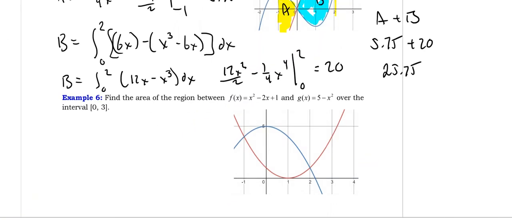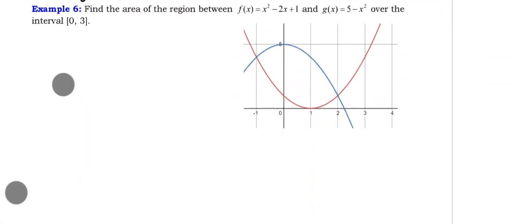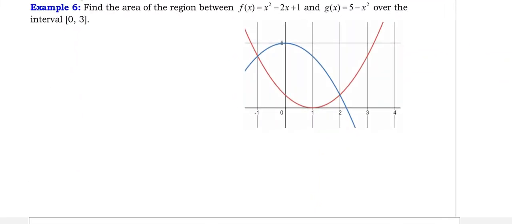Problem number 2. Find the area of the region between x squared minus 2x plus 1, which is f of x. And that is an upturning parabola.